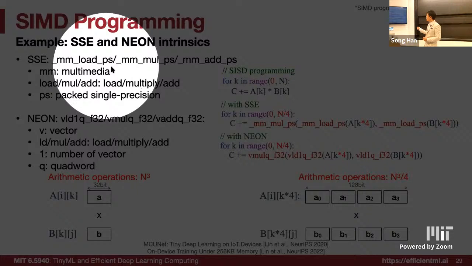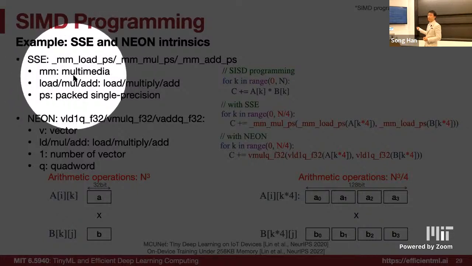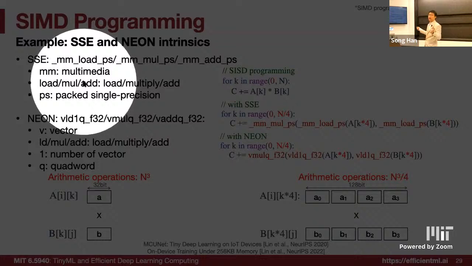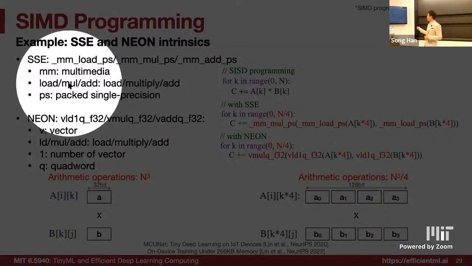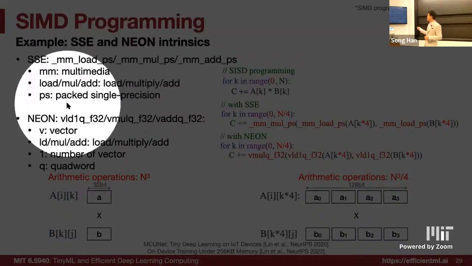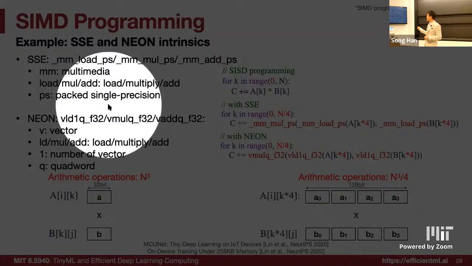Load PS means multimedia, because multimedia applications usually have a lot of parallelism capability, and we can do parallel SIMD programming for them. Load here just means load, mul add means multiply add, and PS here means packed single precision.